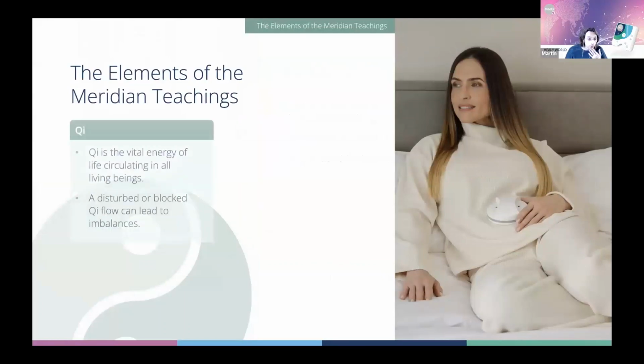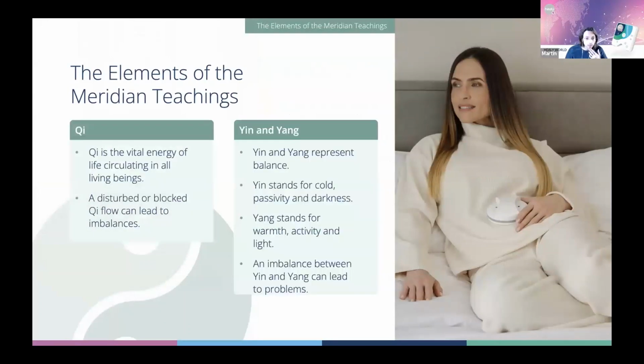Yeah, so of course you have two kinds of elements in the Meridian teachings, and on the one side is of course the Qi, the vital energy. I think you can easily understand it if you think about what makes us as humans unique.